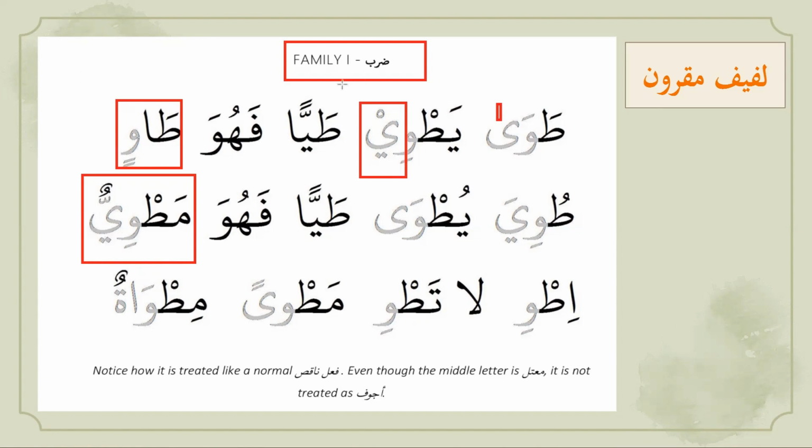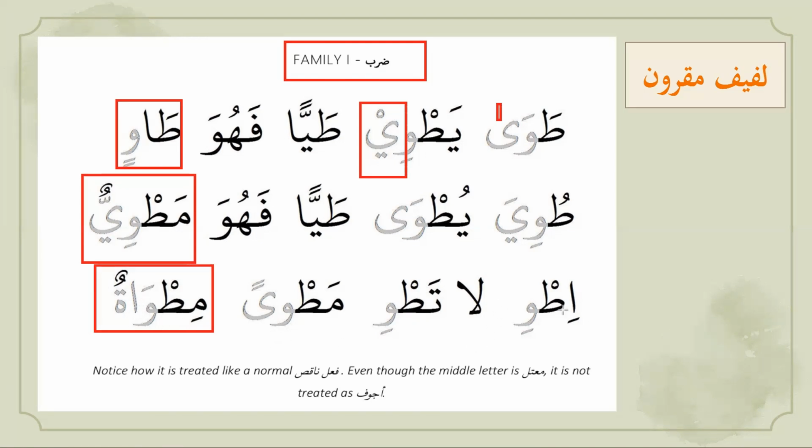In family 1, the ism zarf comes on the pattern of maf'alun, maf'ilun, and maf'alatun. So this is matwan, and this mitwatun is ism ala, mif'alun, mif'alatun. Okay. This is not ism zarf, this is ism ala.